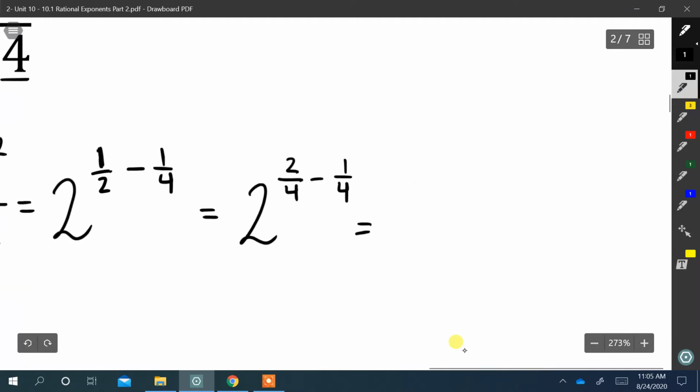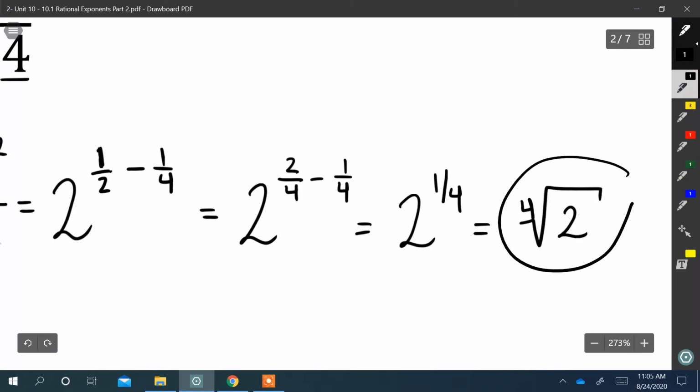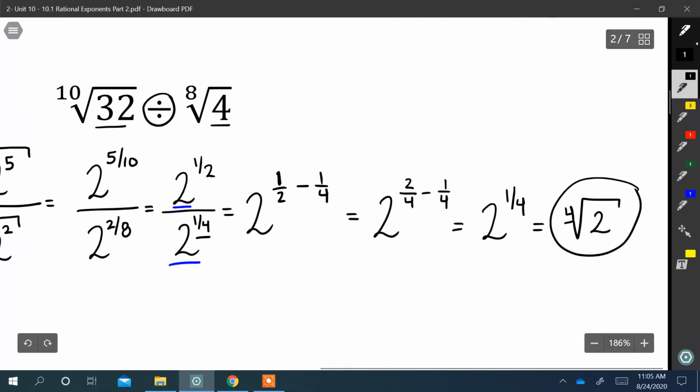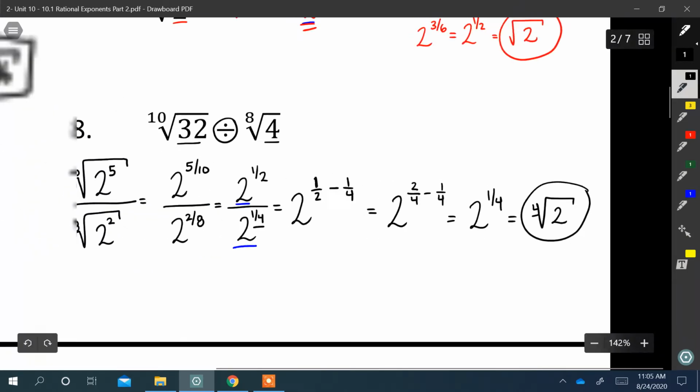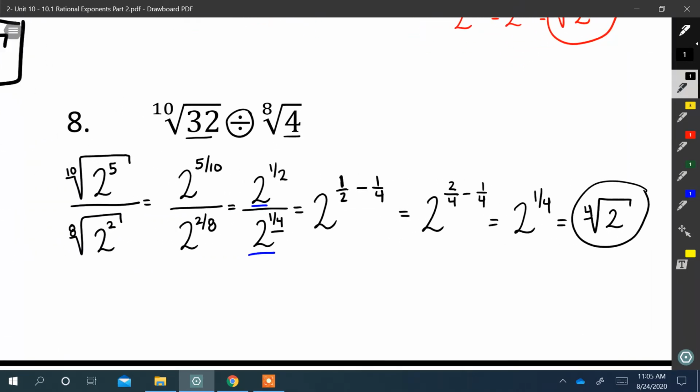And then we get, 2 minus 1 will be 1/4. Let's rewrite that in exponential form. And I'll get 2 to the 1/4 there. And this will be my final answer for this problem, number 8.